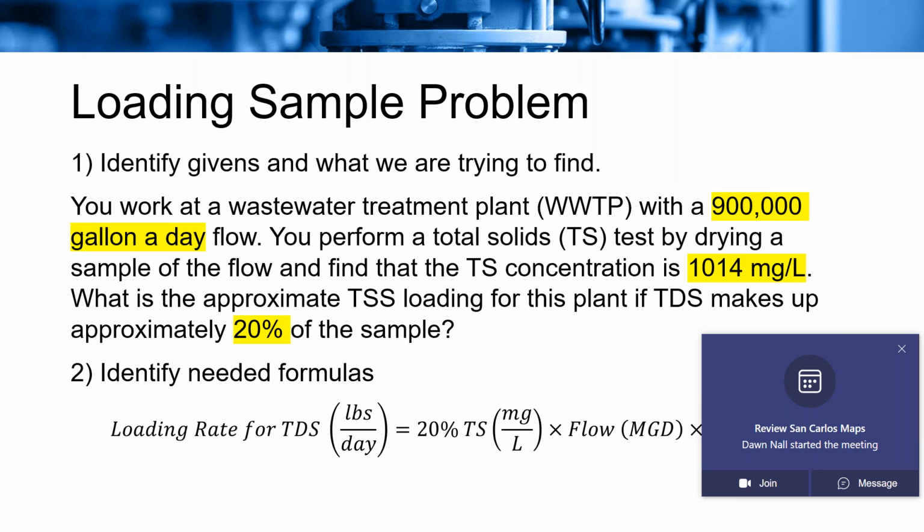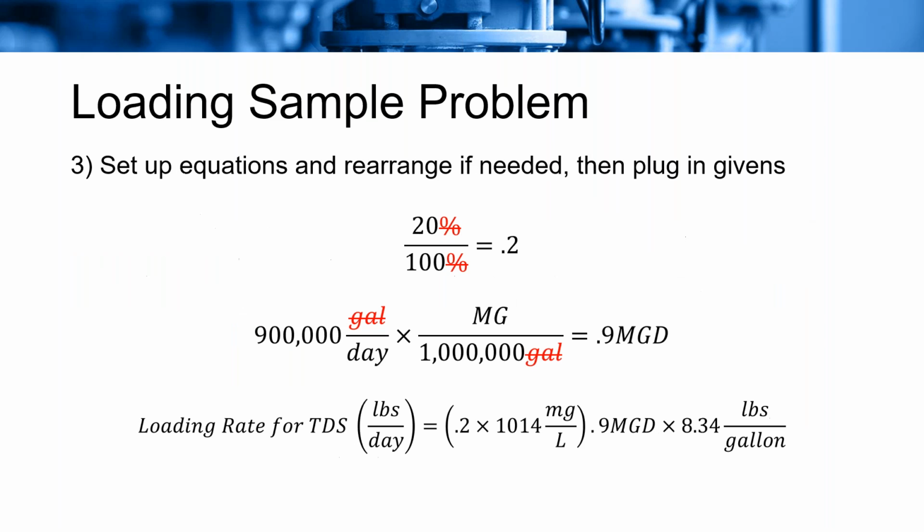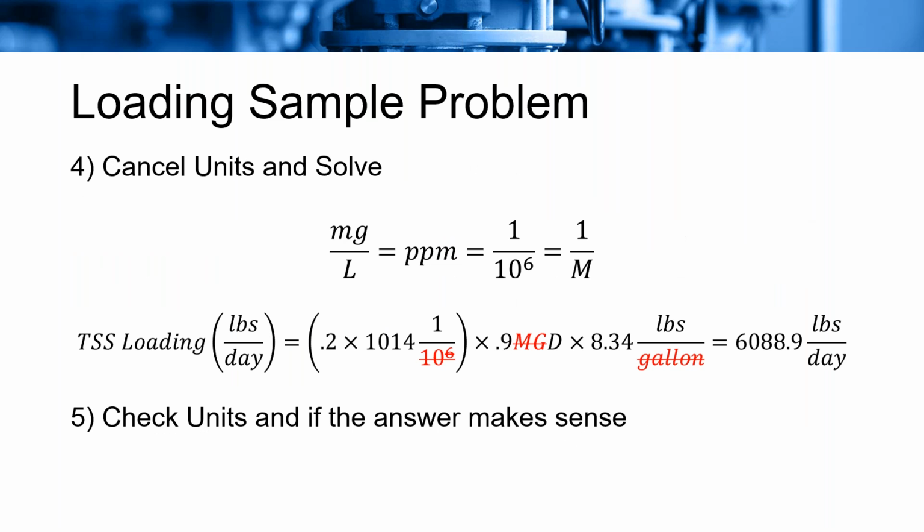Yeah, so whenever you have milligrams per liter multiplied times the million gallons per day, it cancels out the million because it should be 1 over M, like we had talked about. 1 over large M, or 1 over 10 to the 6, or just ppm. And I think you showed that in the next slide, after that conversion. Yes, there we go. And it should have 1 over 10 turning that milligrams per liter into 1 over million. So yeah, 1 over 10 to the 6th.